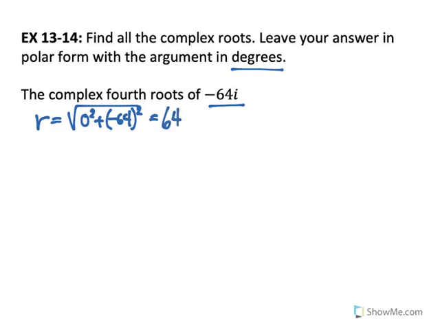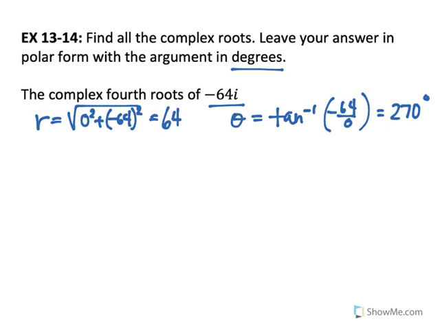Then to find theta, we take the inverse of tangent of negative 64 over 0, and that only occurs at 270 degrees. Just thinking about my unit circle, when is my cosine value positive and it's 0, and when is my sine value negative? That would occur at 270.